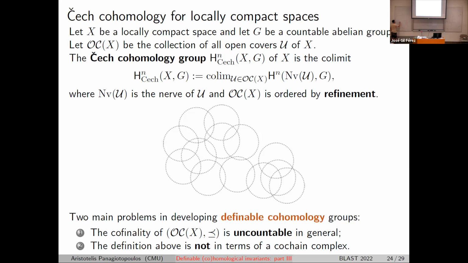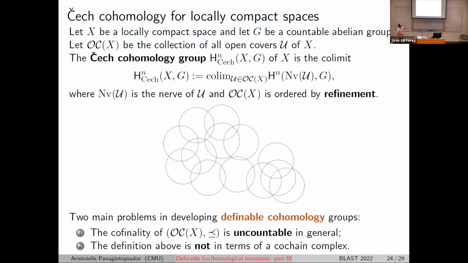So if you have this open set, for each open set you associate a vertex. If there is something in the intersection of these two open sets, you put an edge. If there is an intersection here, you put an edge, an edge. If there is something in the triple intersection here, you fill this up.